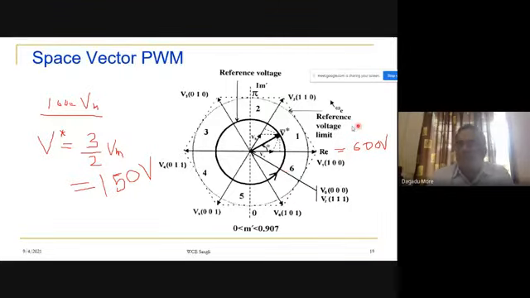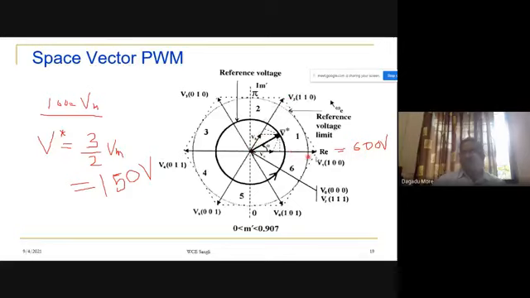Now if I want the V star output, what options do I have? I can apply V1 for some duration, by switching on the devices Q1, Q6 and Q2, then apply V2 for some duration, and for the remaining time apply V0 and V7.